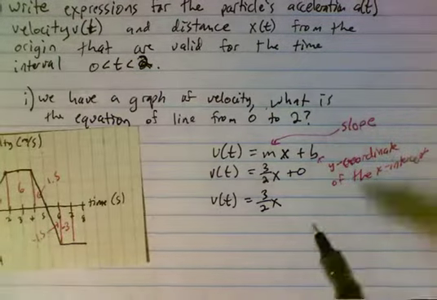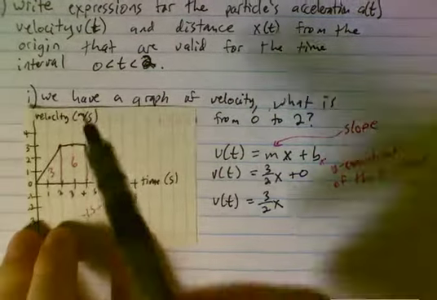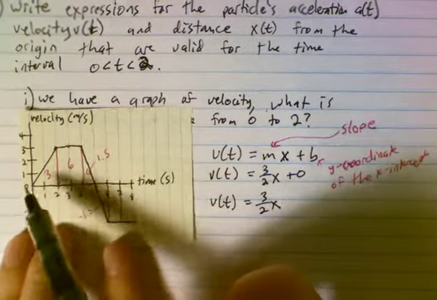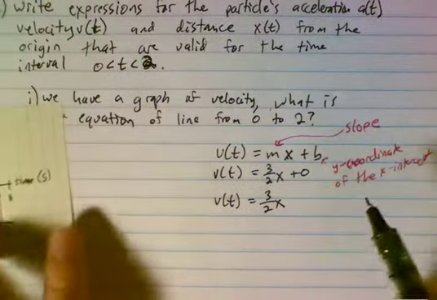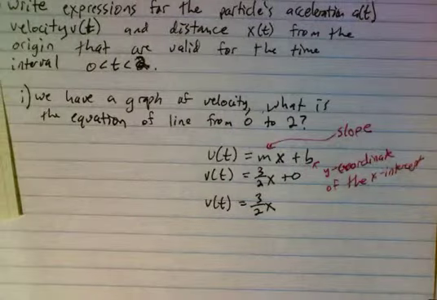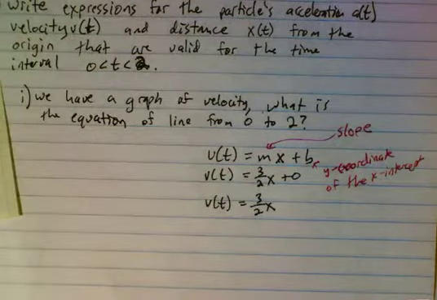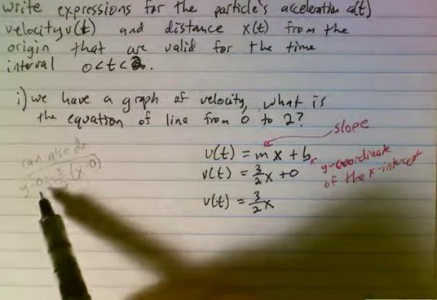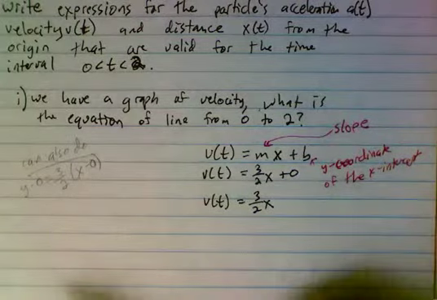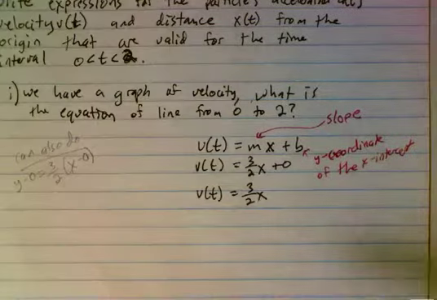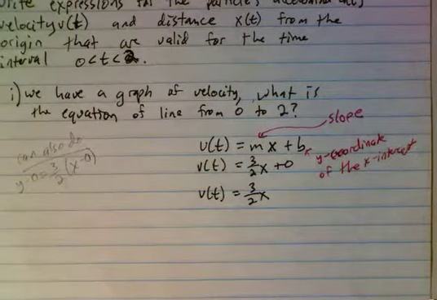I could also have done this by observing that there was a point right here, and doing it with the formula that looks like this: y minus 0 equals 3 halves times x minus 0, which would end up giving you the same thing. Just make sure you substitute the v of t, which is what we're looking for, in for that y.